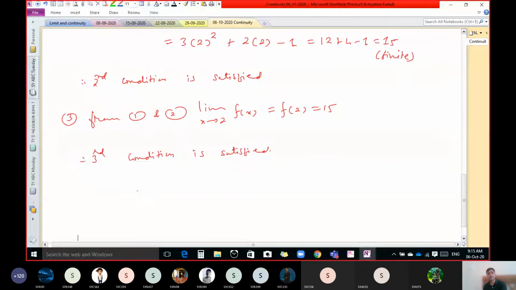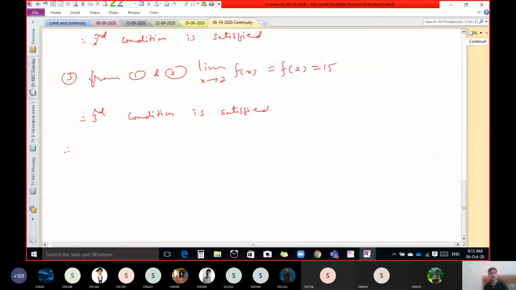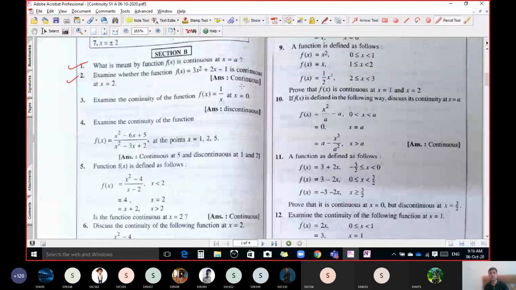So we can say that the function f of x is continuous at x equal to 2. This is the answer. So it is a continuous function.